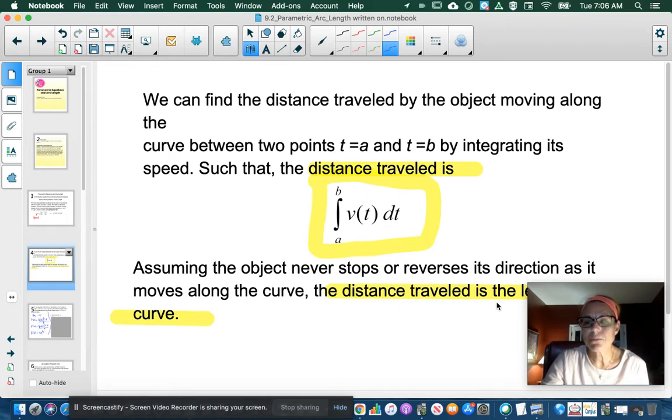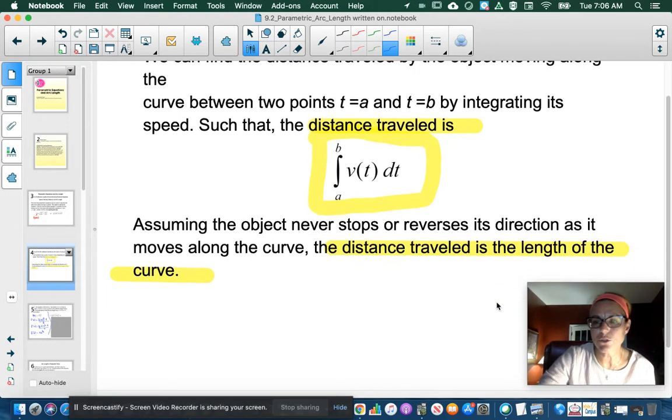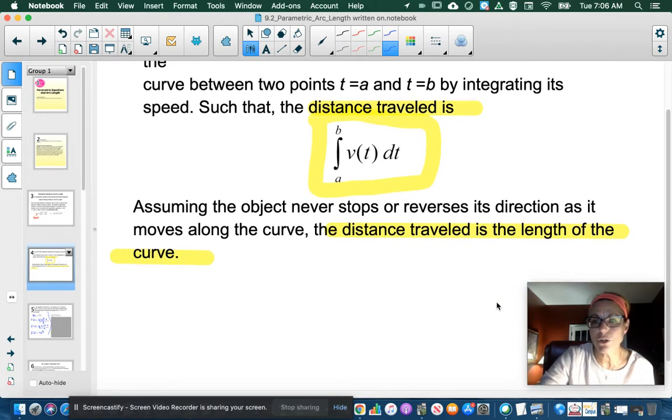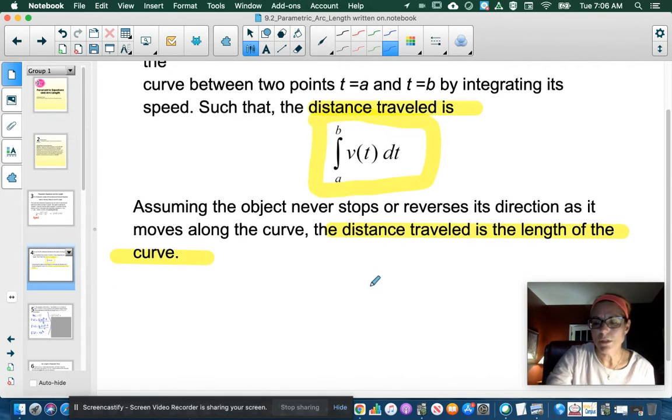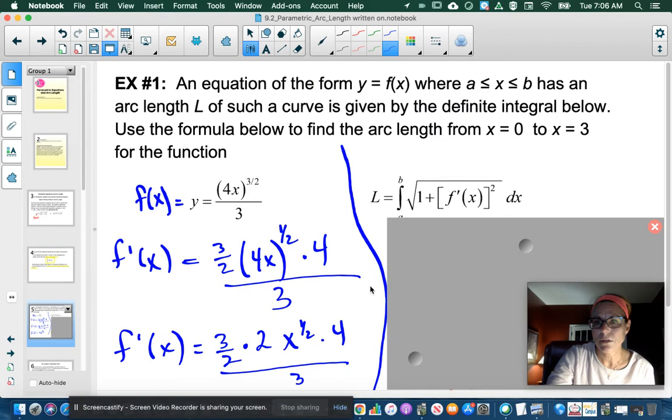Assuming the object never stops or reverses its direction as it moves along the curve, the distance traveled is the length of the curve, the arc length. We've used this before when dealing with regular functions, so here's an example of what you've done already.